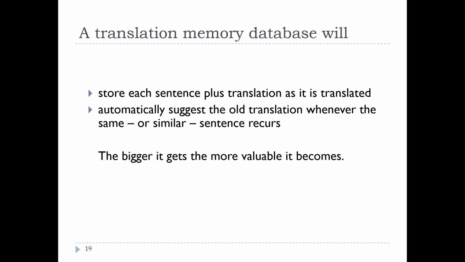So by the end of the first day, your TM would have grown to include 100 segments. By the end of the first month, assuming you've been translating for 20 days in that month, which is not unreasonable, you'll have 2,000 segments, and so it goes on. So it grows quite rapidly, and the bigger it gets, of course, the more useful it becomes.